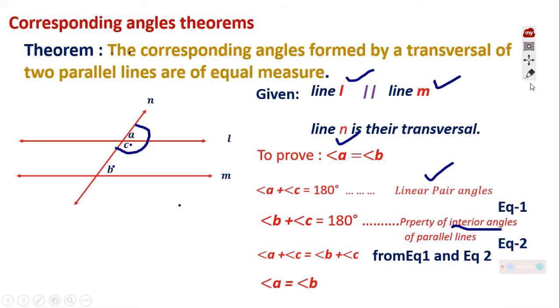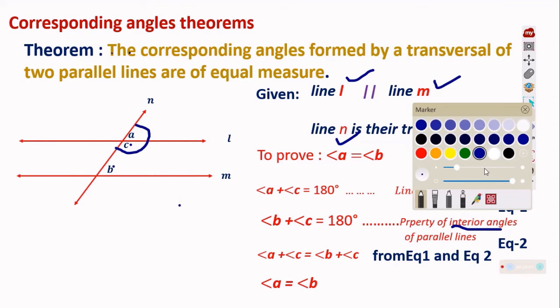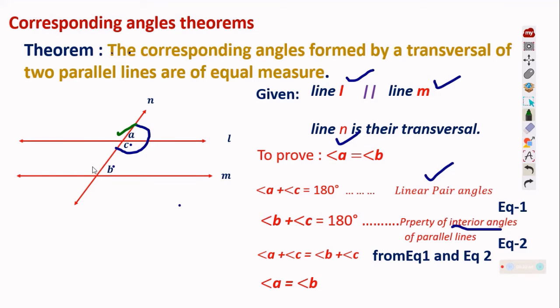The same way, all other corresponding angles will be equal. These are corresponding angles, and these are other sets of corresponding angles. All sets of corresponding angles will be congruent when parallel lines are intersected by a transversal.